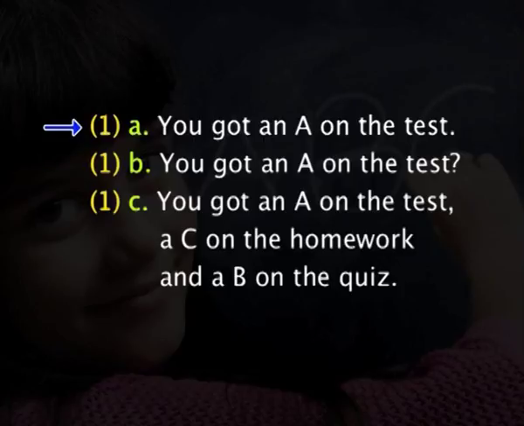Now, in the first utterance 1a, it was a statement, but in 1b you can clearly identify with the tone that it is a question. Let us look at example C. You got an A on the test, a C on the homework and a B on the quiz. Notice the change in the meaning by changing the tone.